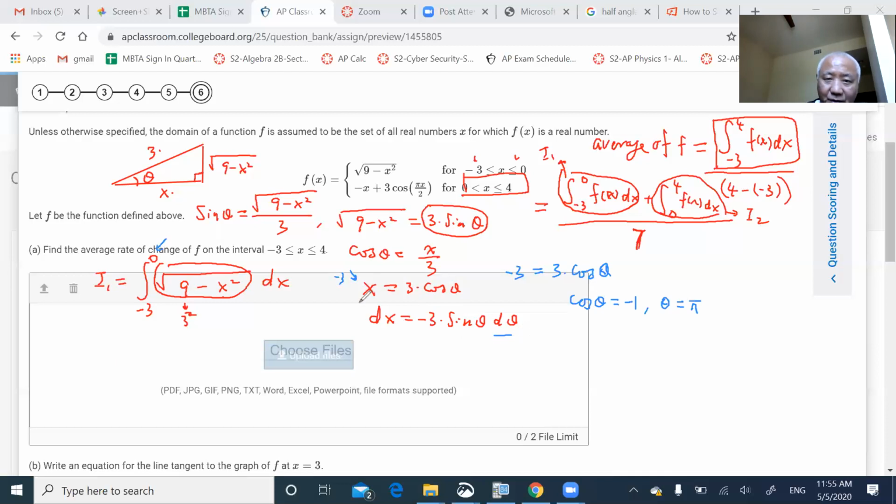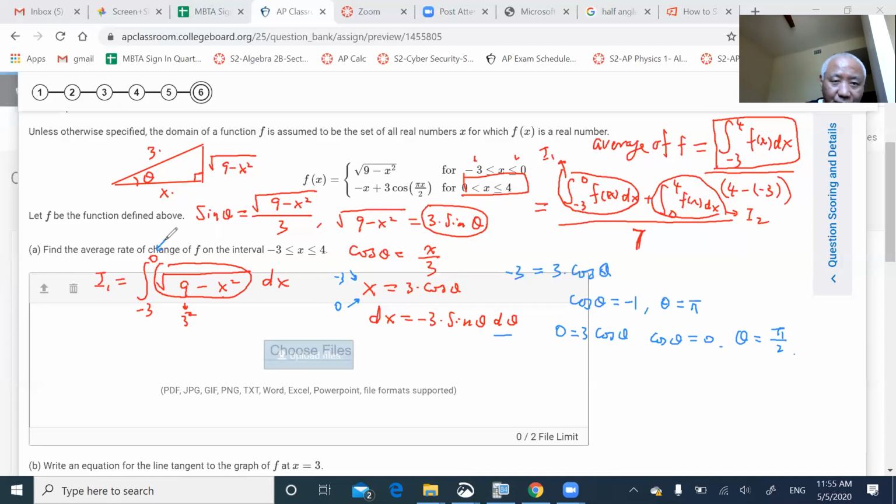So 0 equals 3 cosine theta, so cosine theta equals 0, and theta will be pi over 2.